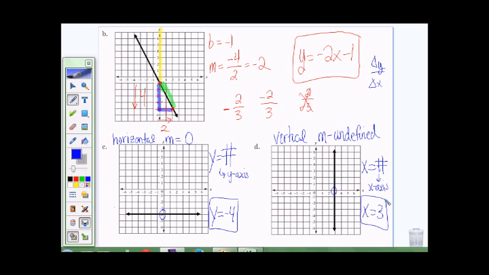If they're asking you what is the slope of this line, then your answer is going to be undefined. If they're asking you what is the equation of this line, it's x equals 3. So it depends on the question that they're asking you. So undefined is the answer to what's the slope. x equals 3 is the answer to what's the equation. Does that help?